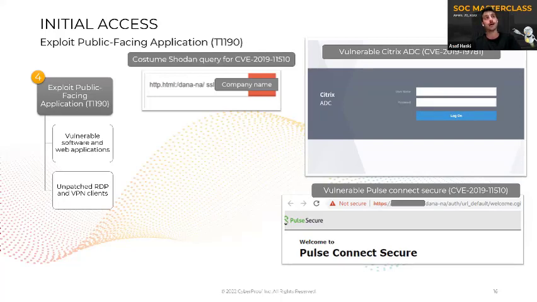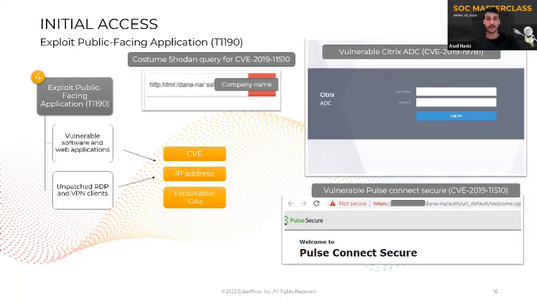So you can see the HTML attribute, which also contains what can be seen within the URL of the Pulse Connect Secure. So once a vulnerable public-facing application is actually detected, we can now provide the threat hunters with the relevant IP addresses of these vulnerable machines, together with the CVE IDs and exploitation IOAs for further analysis and internal hunting sessions.